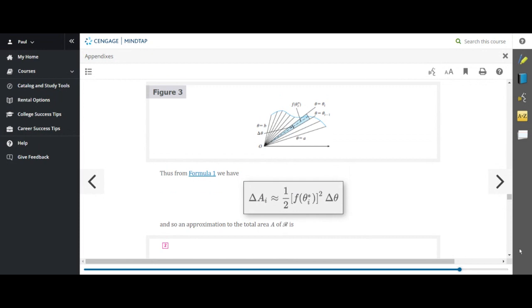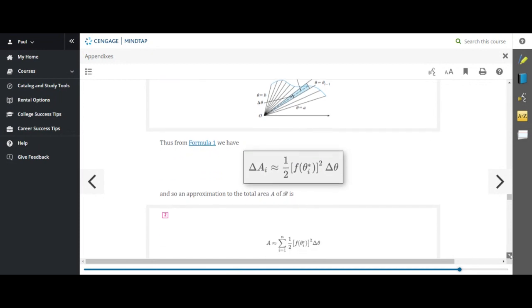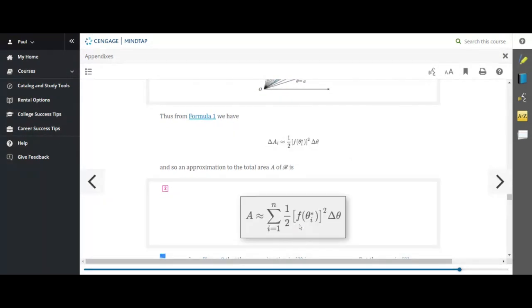So an approximation to the total area of the region would be the sum of all those circle sector areas.